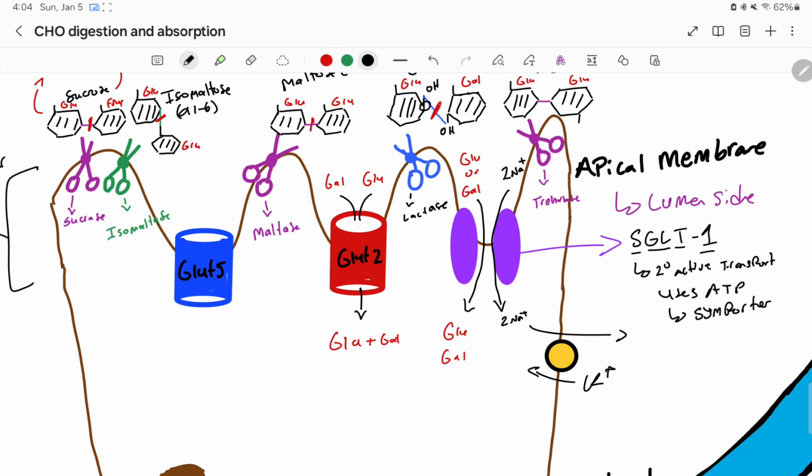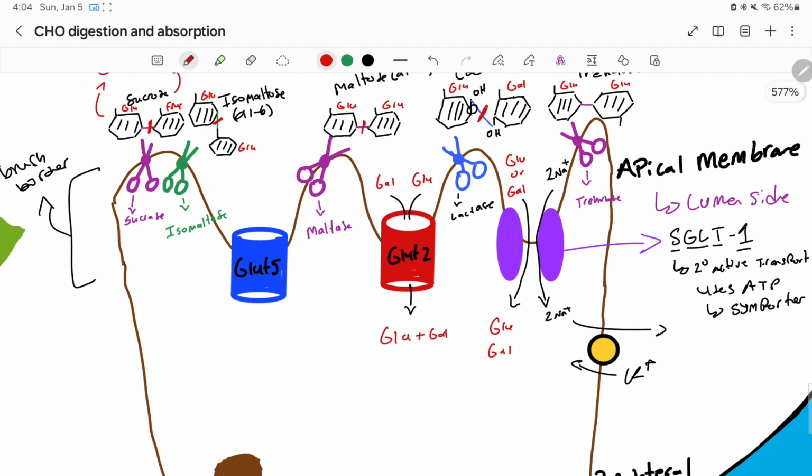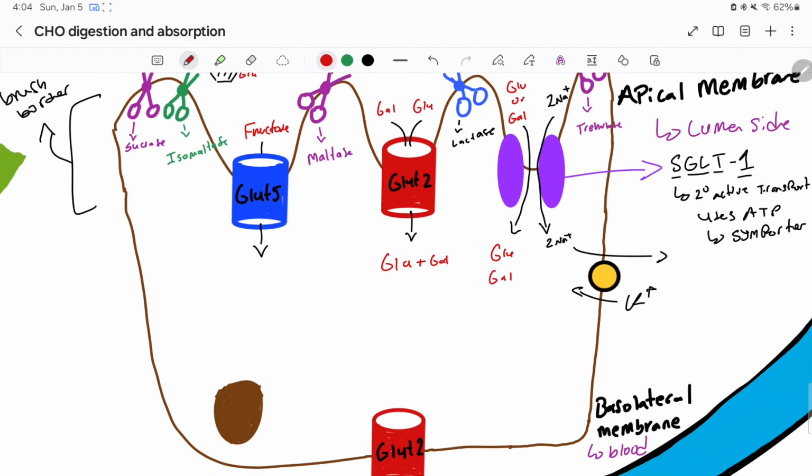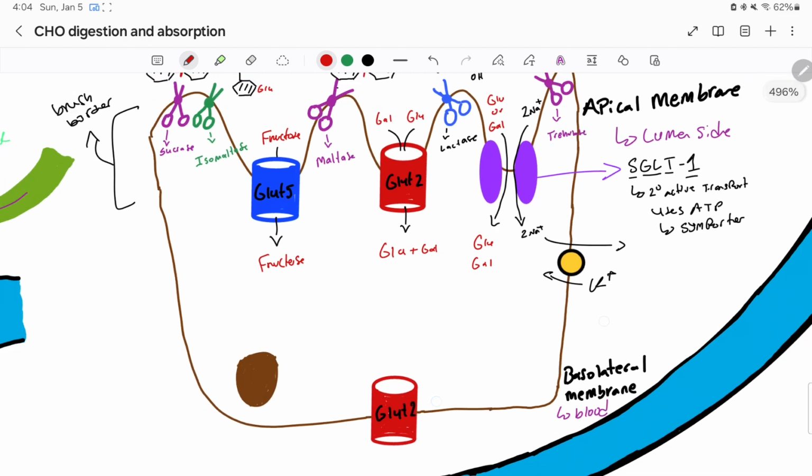Cool. This GLUT5, though, is very specific. It only takes fructose. Okay? So GLUT5 is very specific to fructose, okay? And that's how we bring fructose into the cell.